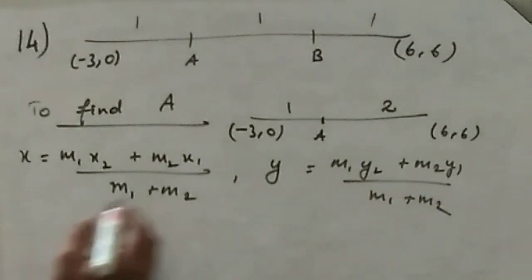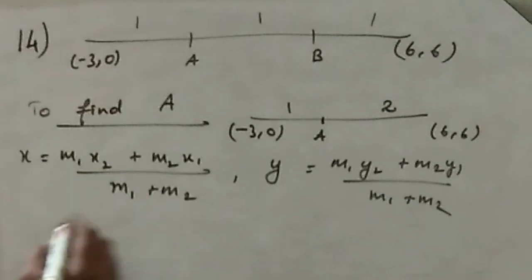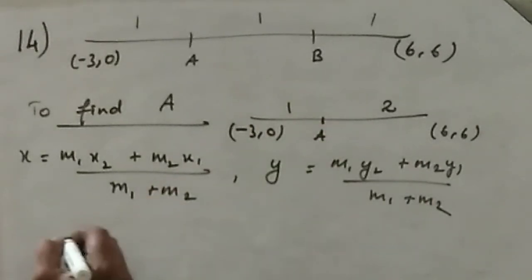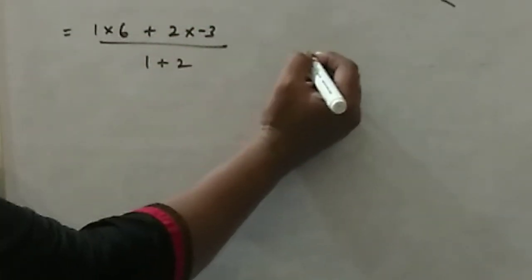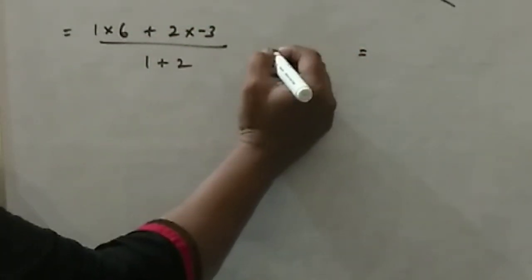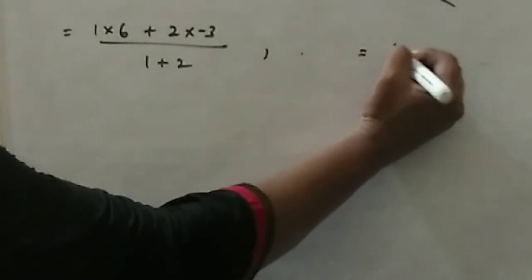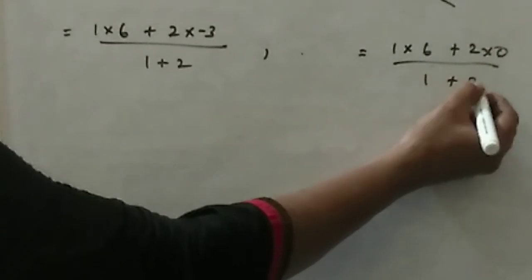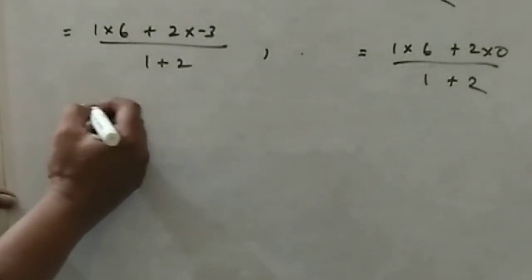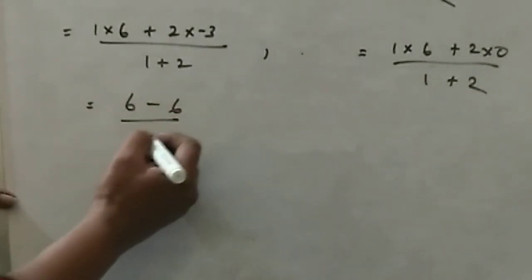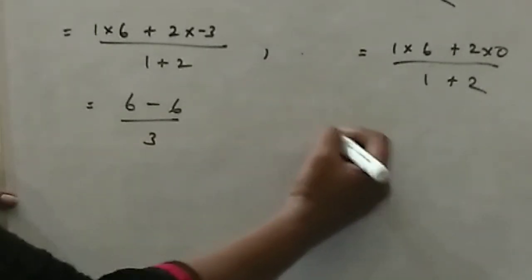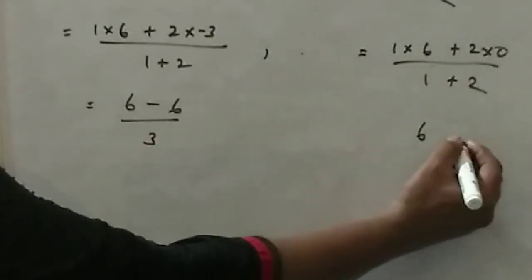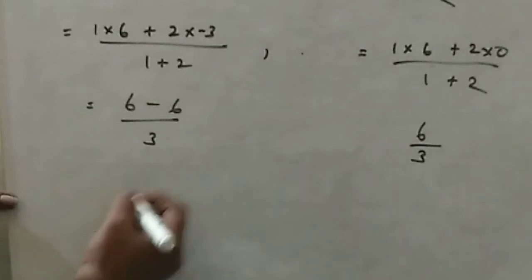Now put, we have to find A, no? So 1 into 6 plus 2 into minus 3 upon 1 plus 2, and here 1 into 6 plus 2 into 0 upon 1 plus 2. So 6 minus 6 upon 3, and here you will write 6 upon 3.